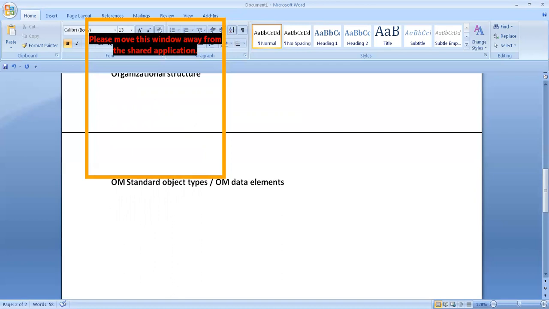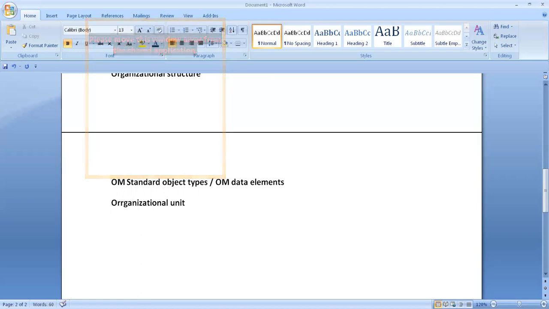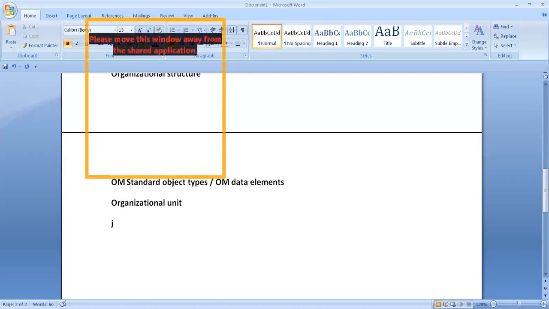So let me maintain some of the object types of OM. One is organizational unit, job, position.